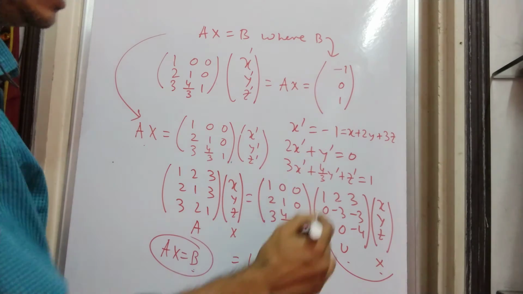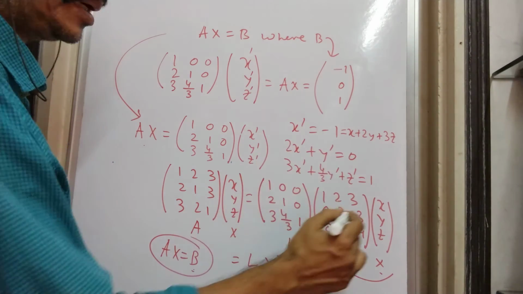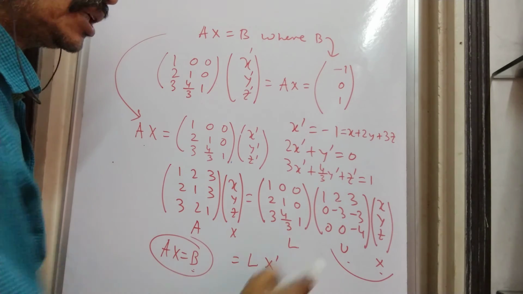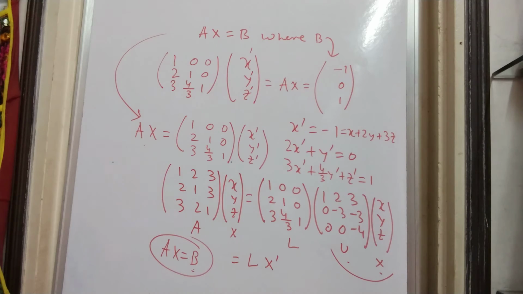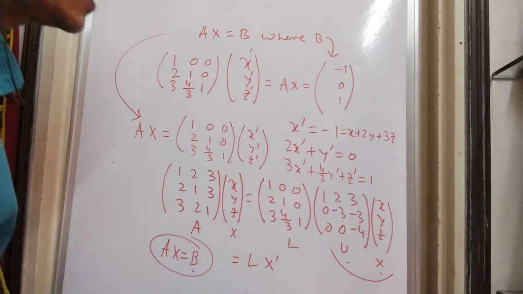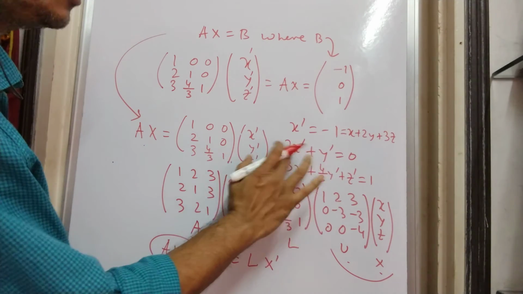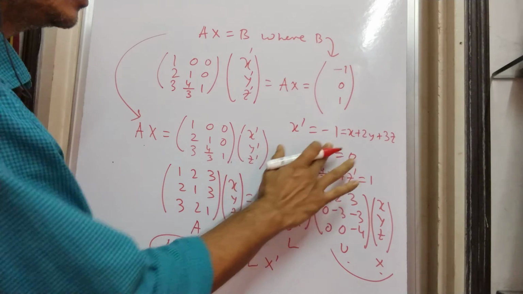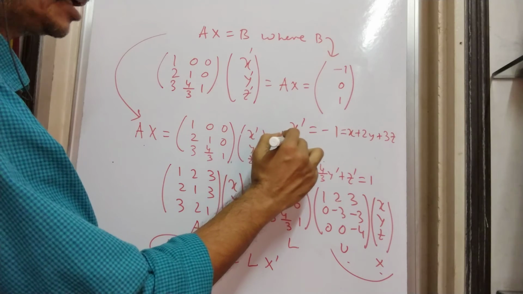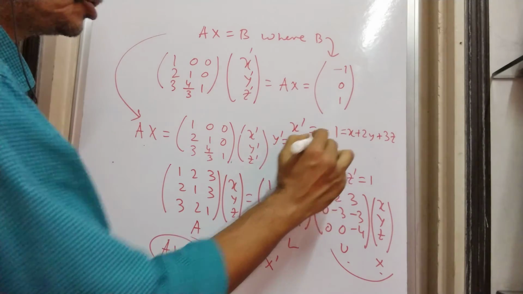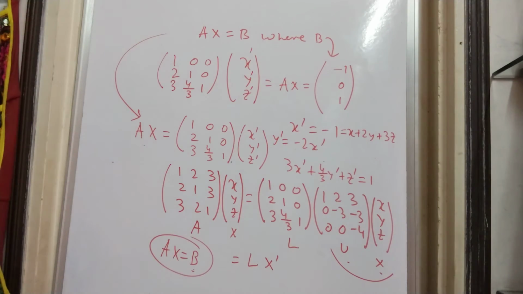And we will have to substitute the value of 2x prime plus y prime from here. What is y prime? y prime is nothing but minus 3 into y plus z, and x prime is like this. And we may write it as y prime equal to minus 2x prime.